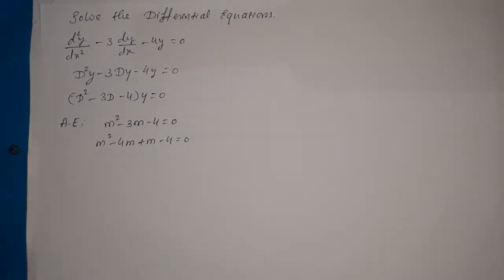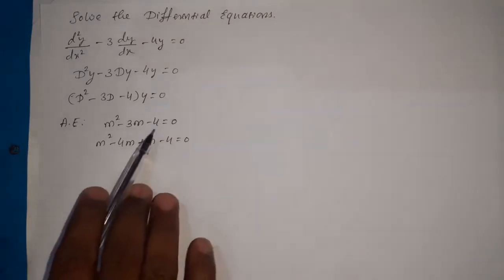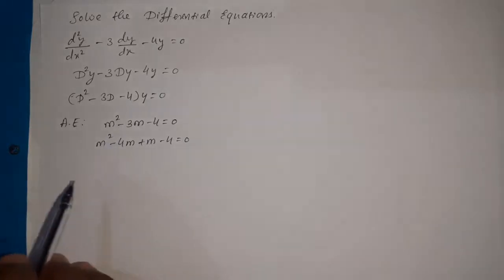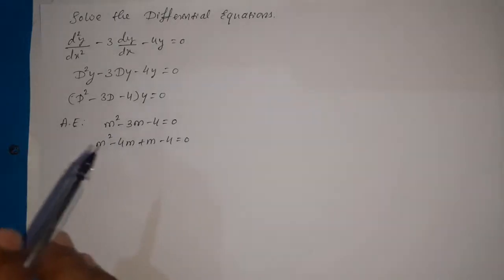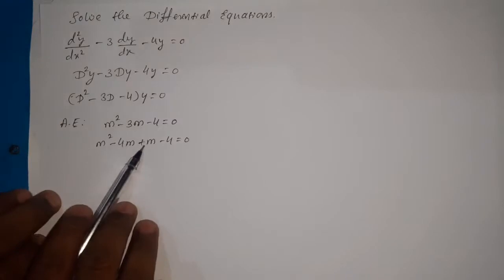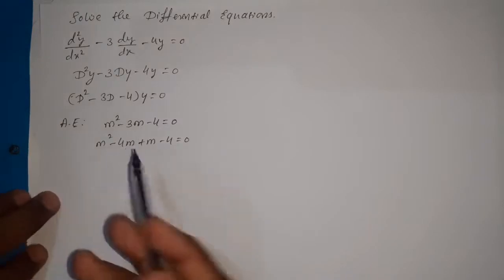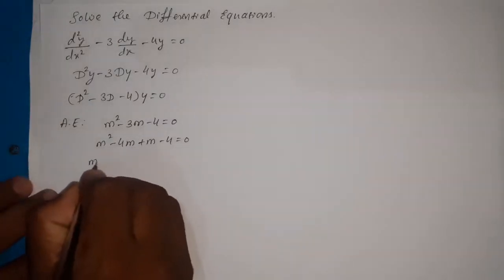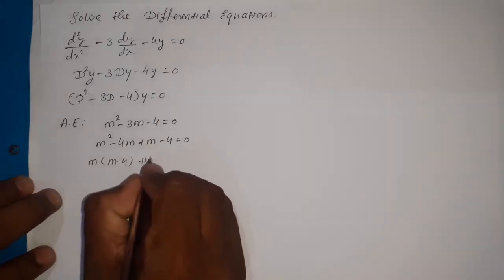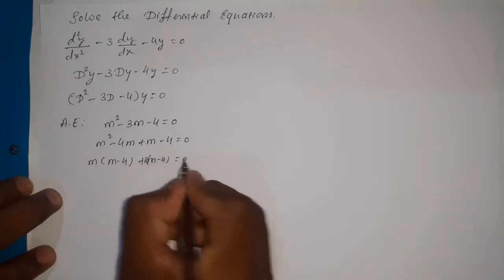You know how to factorize the quadratic equation, because if you multiply two numbers we should get the constant term, and by addition or subtraction of those same numbers we should get the middle one, means the coefficient of m. So here 4 into 1 will give 4, and minus 4 plus 1 will give minus 3. Then m into m minus 4 plus 1 is common here, then m minus 4 equal to 0.